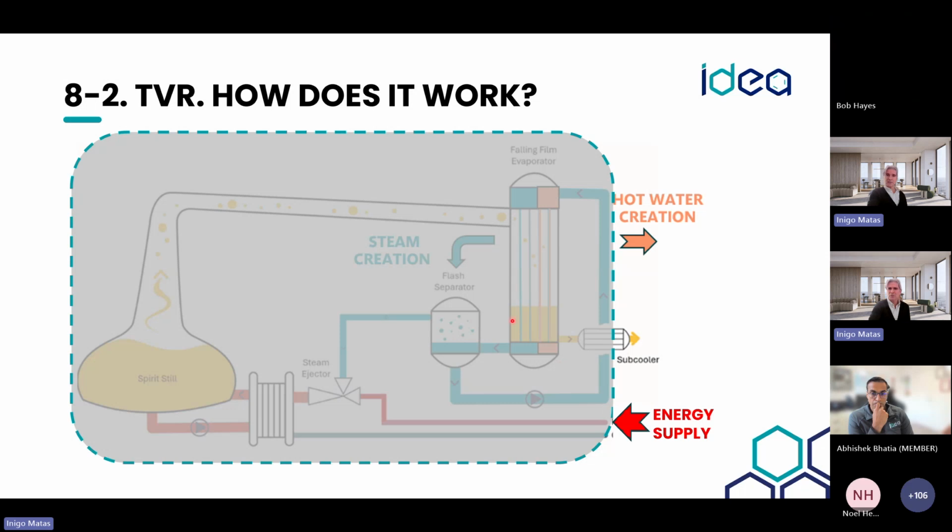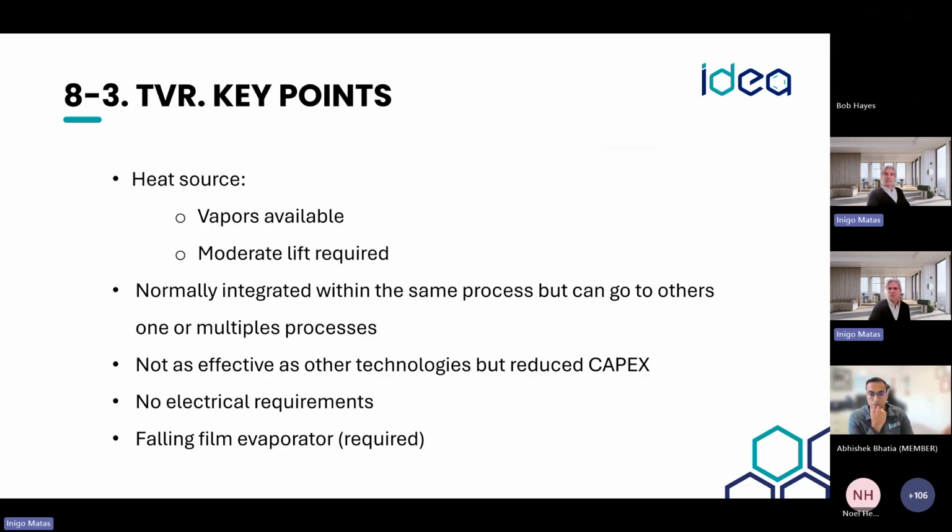So we are recycling, let's say, one part, 50, 60%, but another part needs to be removed. The ratio of motive steam required will depend on the temperature of these low pressure vapors. The closer we are to what we need, the smaller the amount of high pressure vapor that is required.